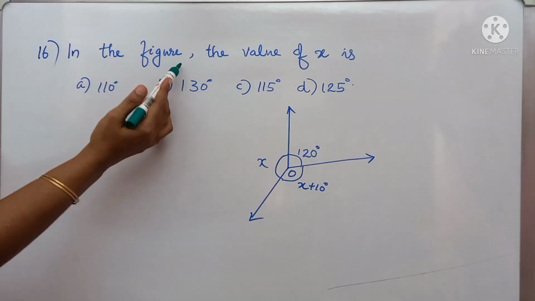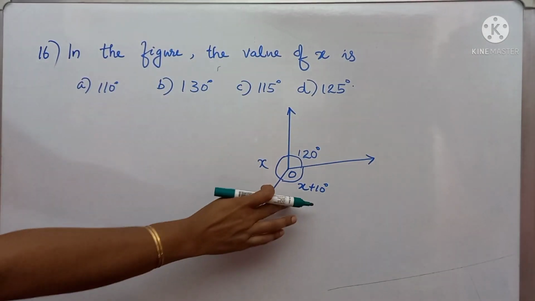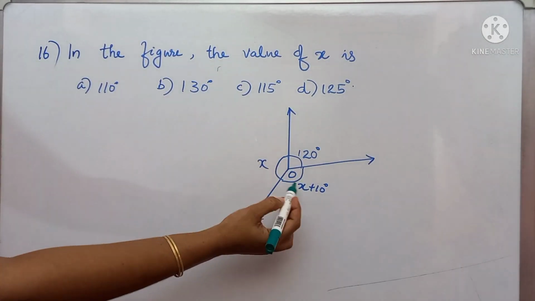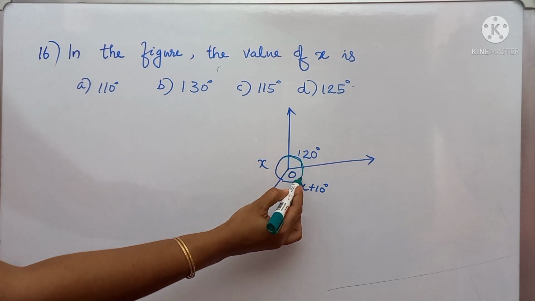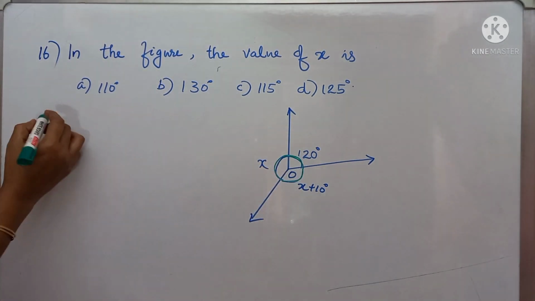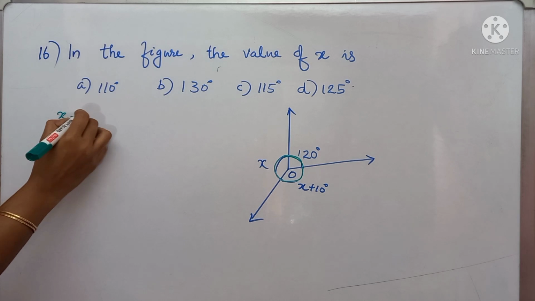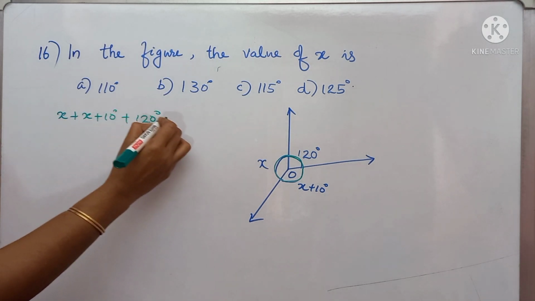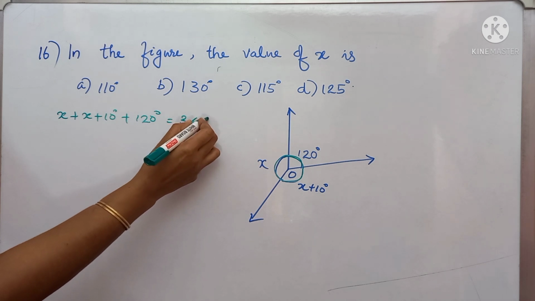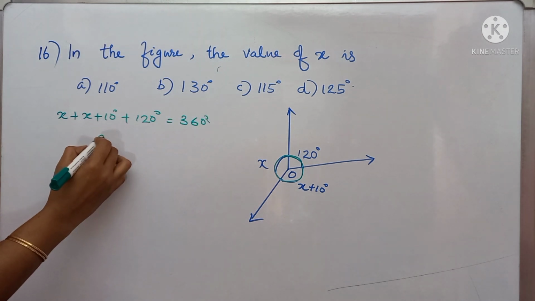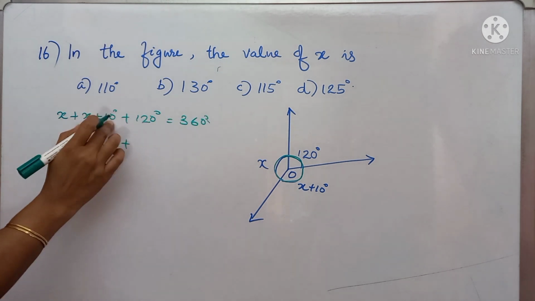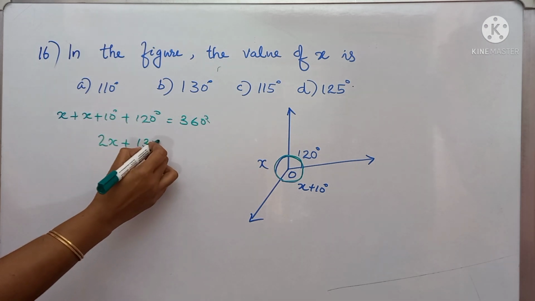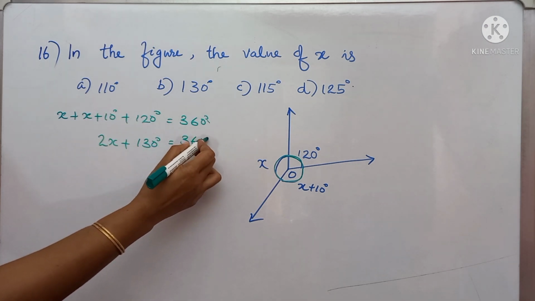Question 16. In the given figure, the value of x is... look at this figure, we can find the value of x. Here we can see this is a complete angle. So we can add x plus 10 plus x plus 120 degrees is equal to 360 degrees. Then x plus x is 2x. 2x plus 10 plus 120, that is 130 degrees, is equal to 360 degrees.